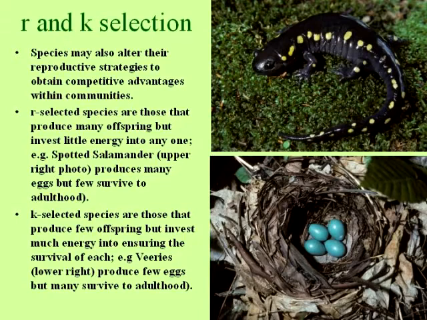Salamanders do not display parental care, and so the young are pretty much on their own once they hatch, and so their probability of survival tends to be rather low. And so this spectrum of events, from lots of energy being expended and few young being produced, to not much energy being expended and lots of young being produced, that is the spectrum of R and K selection.